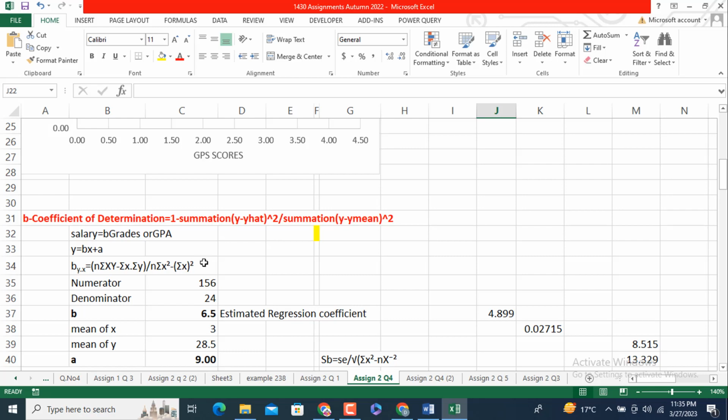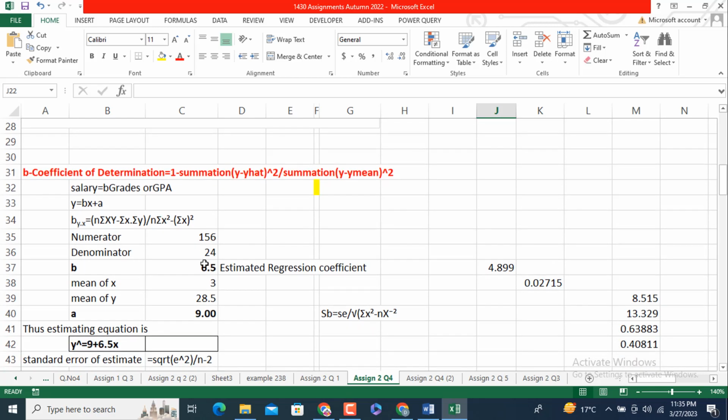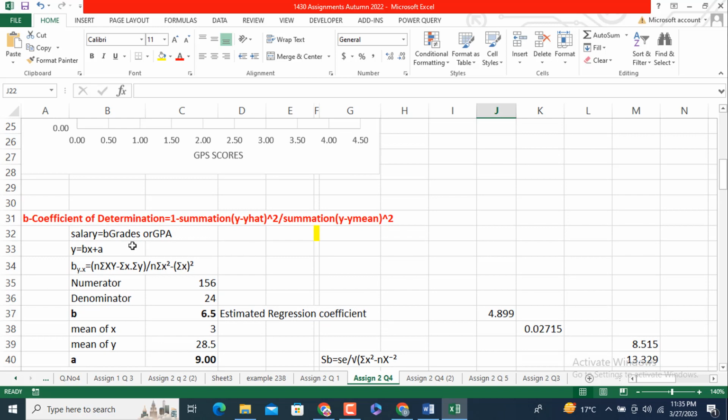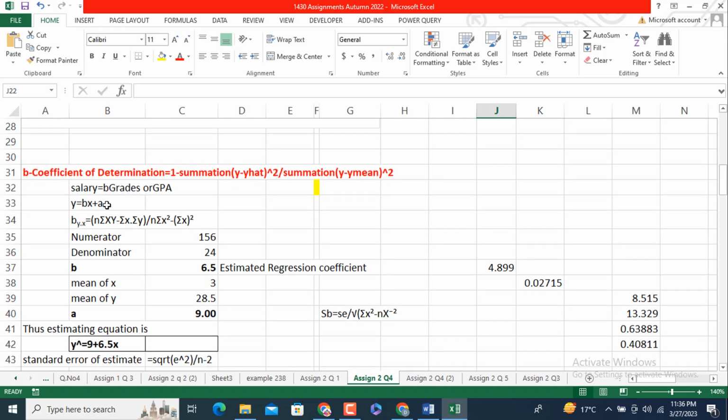But here, as I have discussed with you, the correlation coefficient and coefficient of determination are the same because it is a single independent variable. To determine the coefficient of determination, we make an equation: salary is equal to B grade.